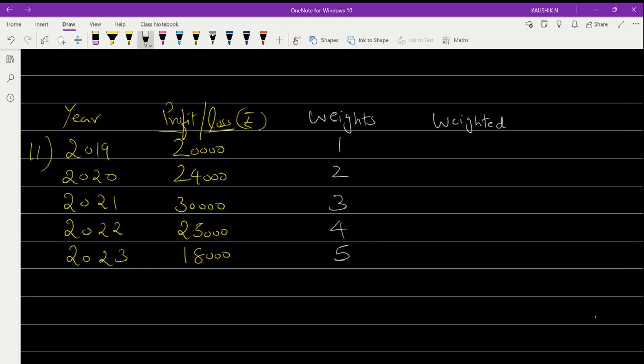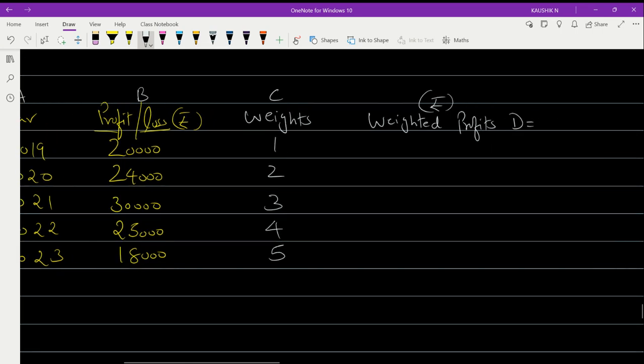This weighted profit is going to be shown in terms of rupees. To get the value of this column, mark the first column as A column, this as B column, this one as C column, and this weighted profit column as D column.